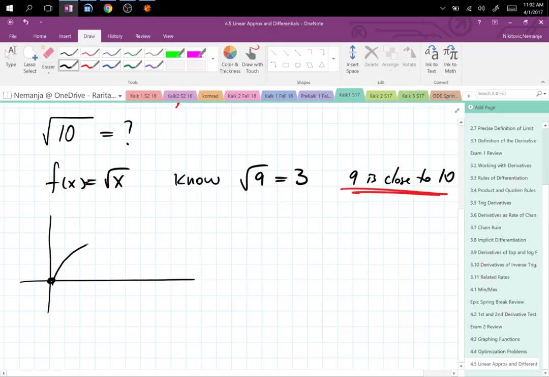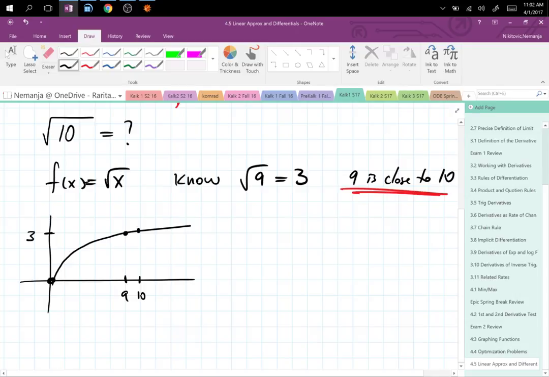This is a square root function, and let's say over here is 9, which means that's 3. But I want to compute 10, which is here, which is a little bit more than 3.